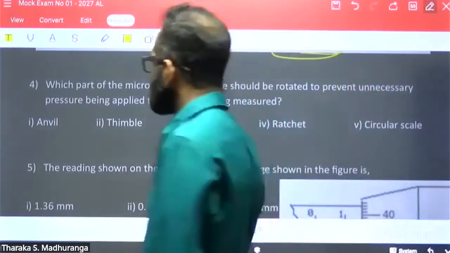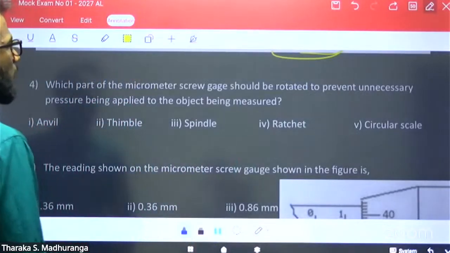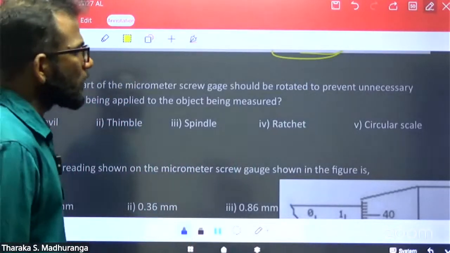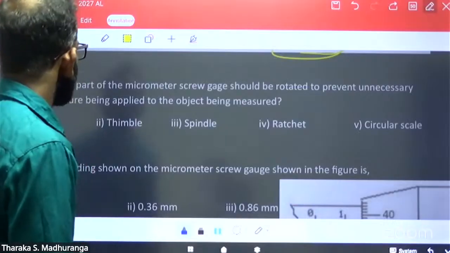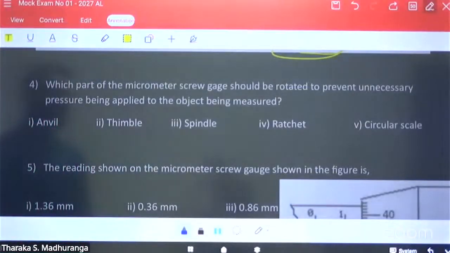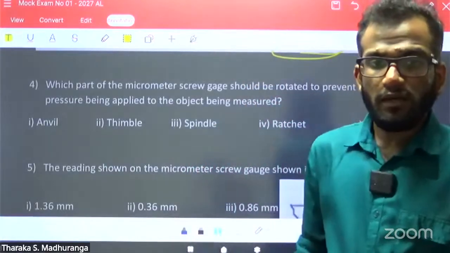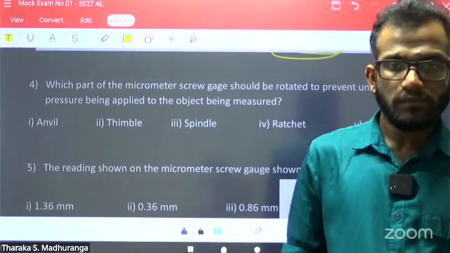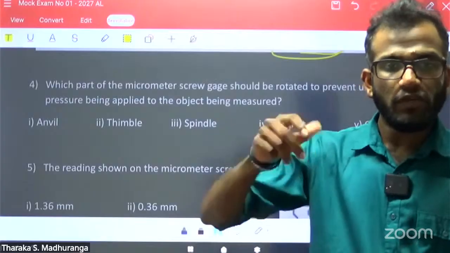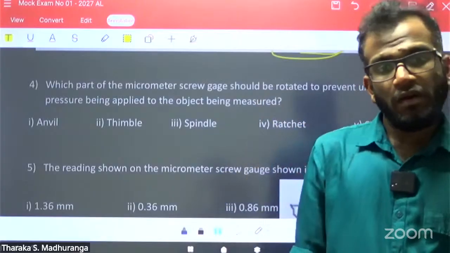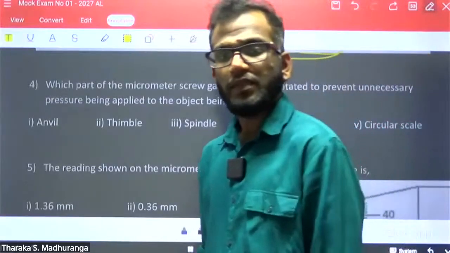First question. Which part of the micrometer screw gauge should be rotated to prevent unnecessary pressure being applied to the object being measured? What is the part that we call the ratchet, or what is the other name? Thimble head.